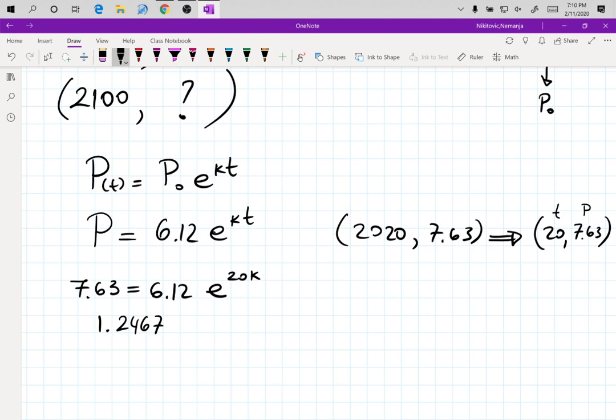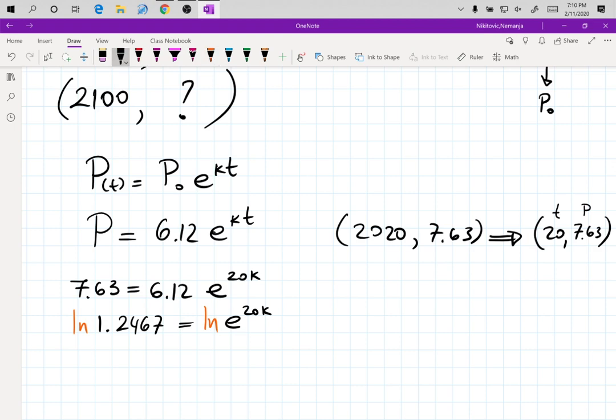1.2467, I'll leave 4 decimals because I can, is equal to, leave some space, e to the 20k, and I am leaving some space because I need to stick in now ln to kill that e. So now I'm going to push ln and then second answer to bring in the previous number so I don't have to retype it.